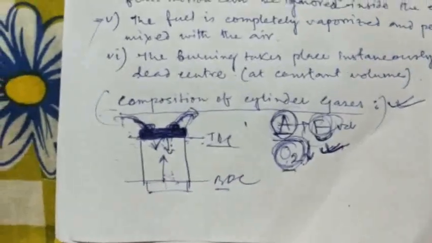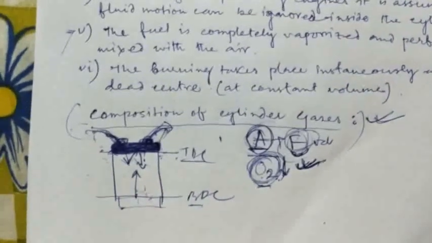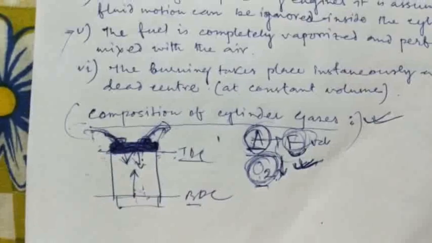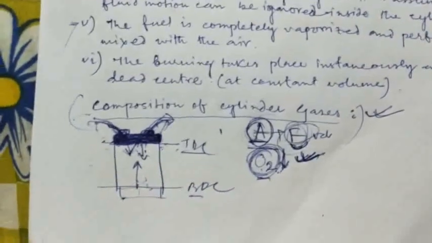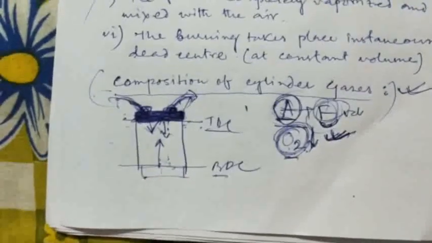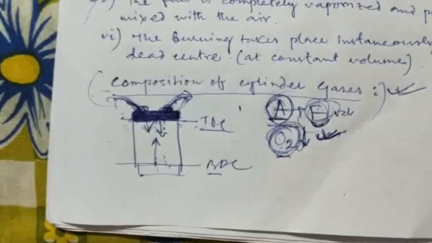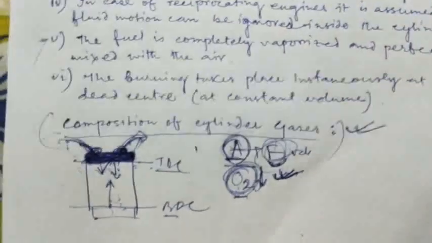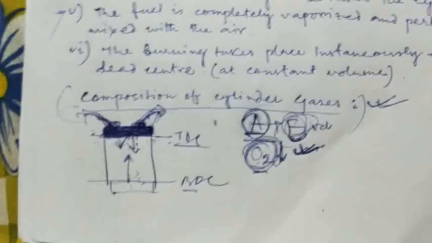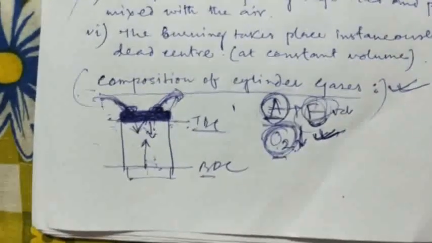In a lean mixture, the amount of fuel present in the mixture is less than the quantity of air, that means the quantity of oxygen. What does it mean? It means the oxygen required to burn all the fuel present in the mixture is more than sufficient.